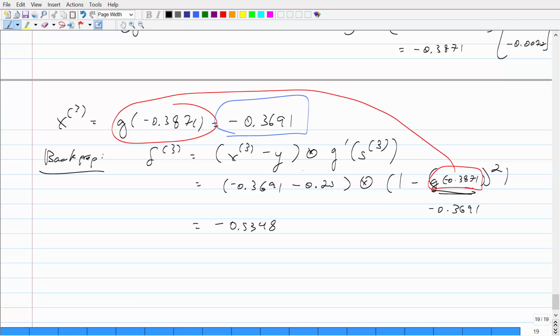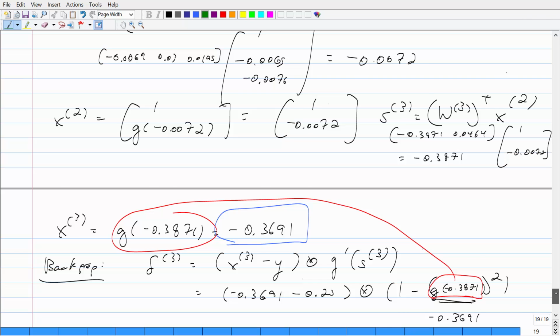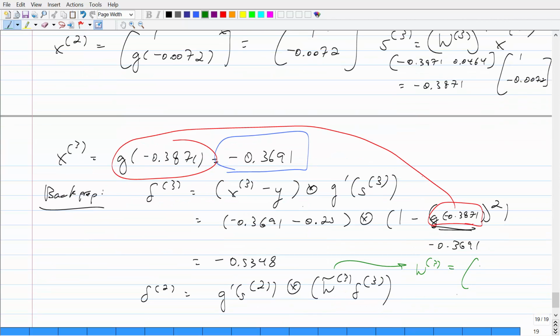Okay, that's good. So now you calculate the backpropagation for the previous layer from the output. So in this case, you do S of 2, multiply this by the weight matrix from the next layer, but then you remove the first row. Okay? Okay, so just a recap, W3 from before was equal to, let's see here, it was minus 0.3871, 0.0464, okay?